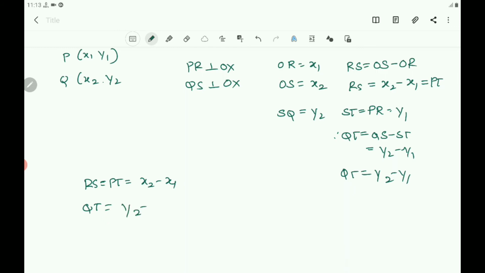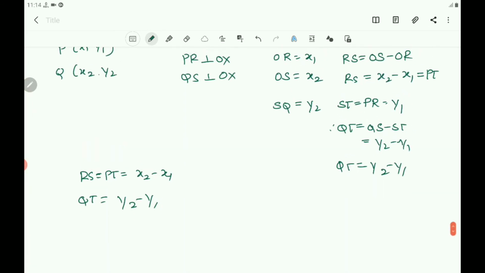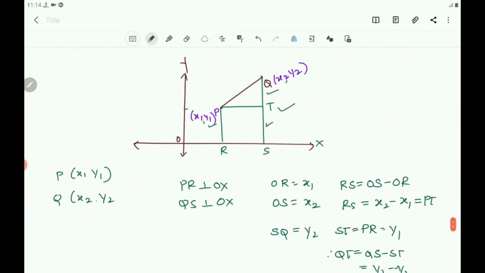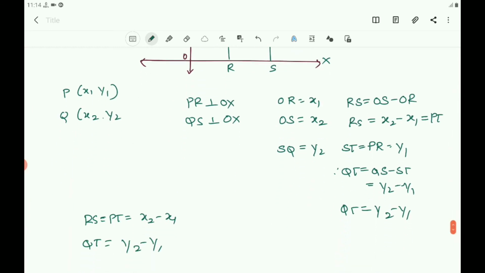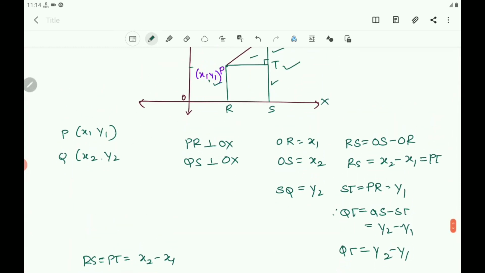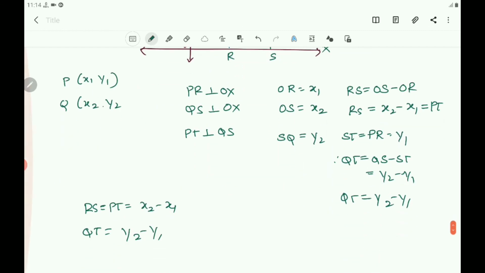Now take the triangle PTQ. You know that PT is perpendicular to QS, that is drawn by us.